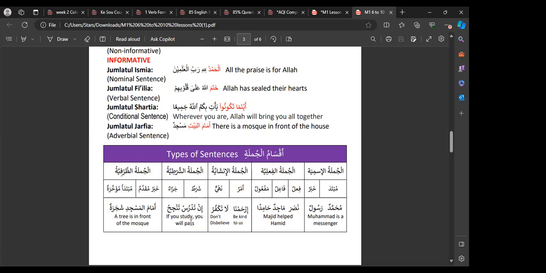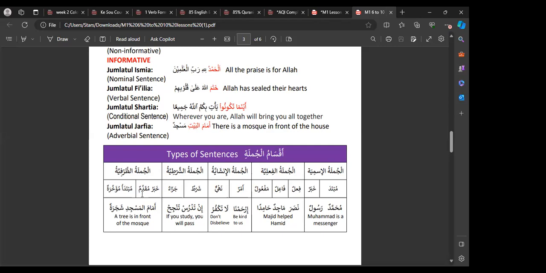And then the last example, we have Jumlatul Dharfiyah, which can be Khabru Muqaddamun or Mubtada Mu'akharan. Again, we'll go into these later. Where I said the Mubtada and the subject in English has to come first, these are examples where the subject doesn't have to come first in Arabic, but we still know it's the subject.